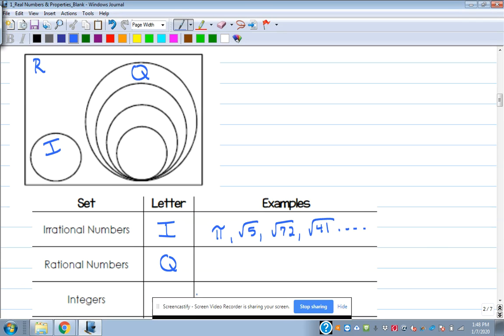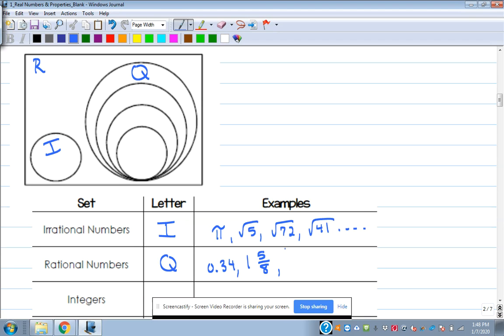And in the rational numbers, there's numbers that can be written as a fraction or terminating or repeating decimals. So we might have something like 0.34. That's a terminating decimal. It could be written as a fraction, 0.34 is 34 over 100, right? And we could reduce that if we needed to, but it's a fraction. 1 5/8.